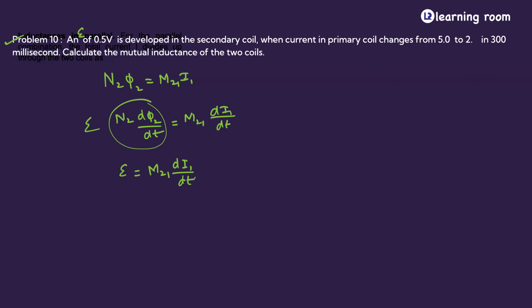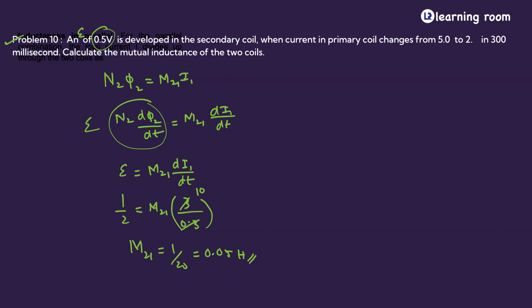What is the EMF? Tell me. Half volt. So half is equal to M21 into what is delta I? 5 to 2 means it is 3, divided by, it is taking place in 300 milliseconds. 300 milliseconds is 0.3 seconds. So 0.3. 0.3 will cancel this 3 ten times. So M21 is equal to 1 by 20. 1 by 20 means 0.05 Henry.